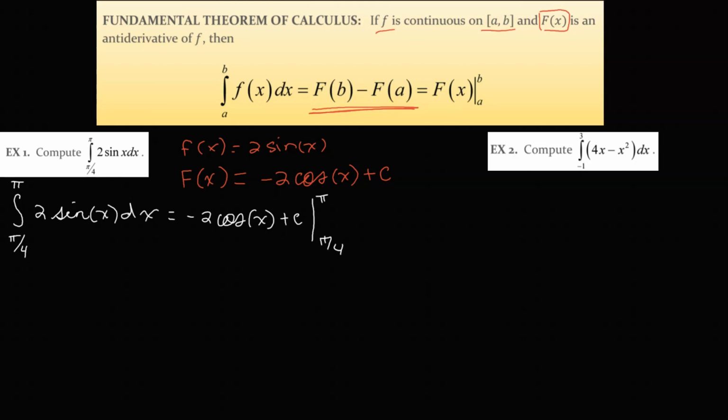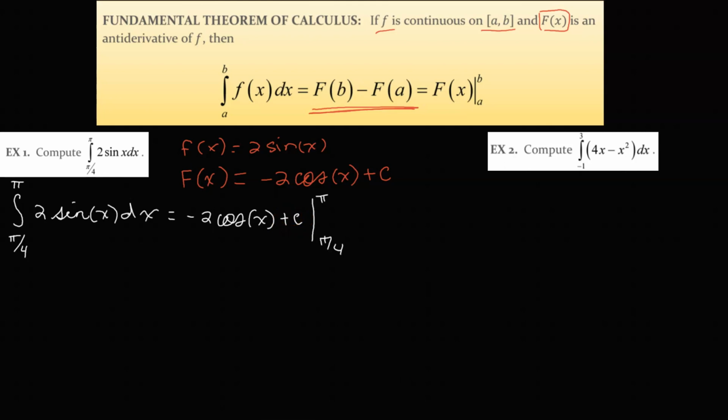Now, you will see in a little bit that this c really doesn't matter. We don't have to write the c right there. And my question to you is, can you think ahead and see why that c doesn't matter?